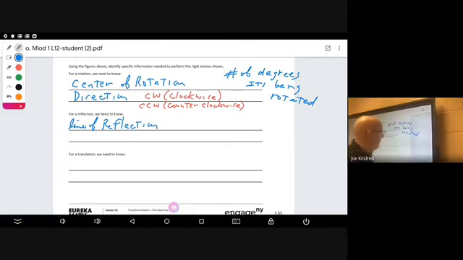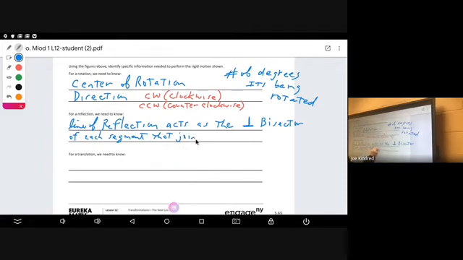So there's a line of reflection that acts as the perpendicular bisector of each segment that joins a given vertex of the pre-image to the corresponding vertex of the image.